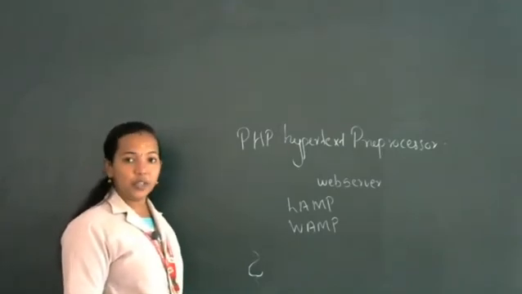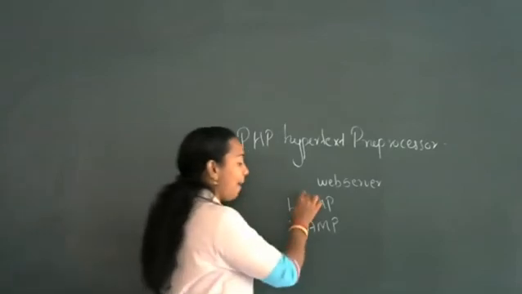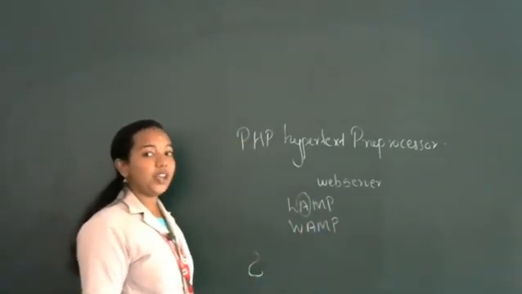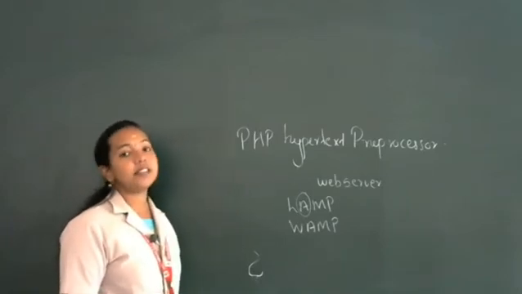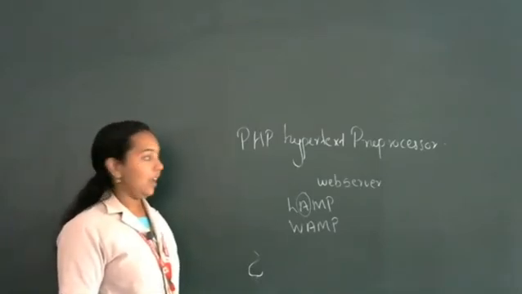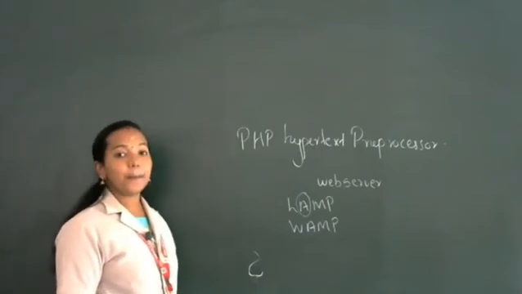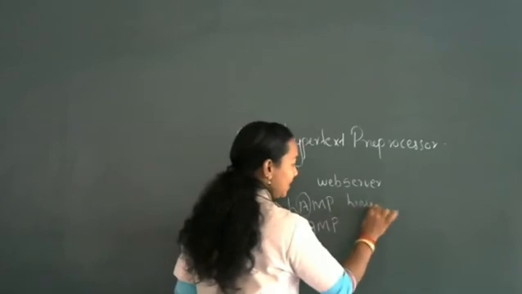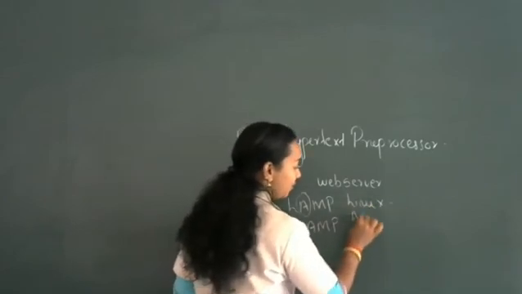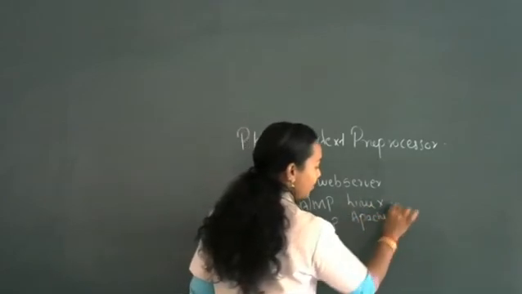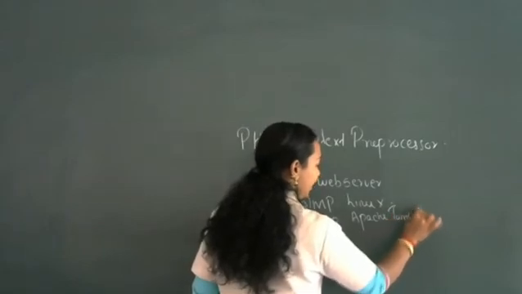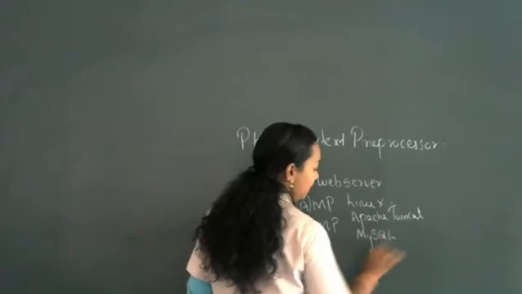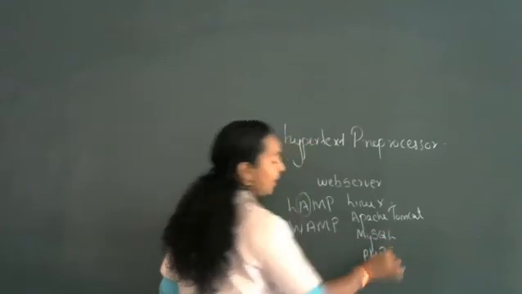L stands for Linux, A stands for Apache, M stands for MySQL and P stands for PHP.